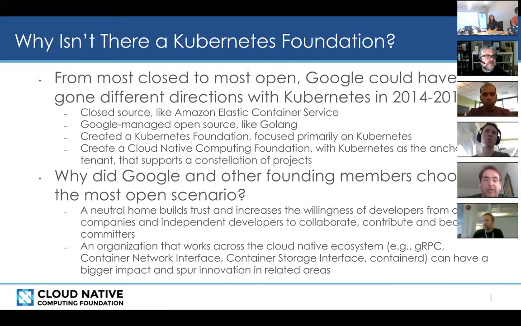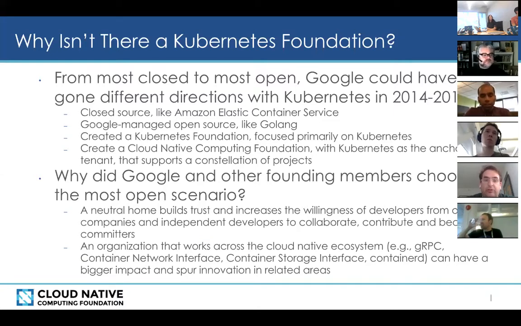So they could have made it a closed source project like Amazon Elastic Container Services, where you had to become a customer of Google Cloud to use it. On the next option, more open, they could have had an open source project like Golang, which is obviously a very successful project. All of us use it, but it's still under Google's control.